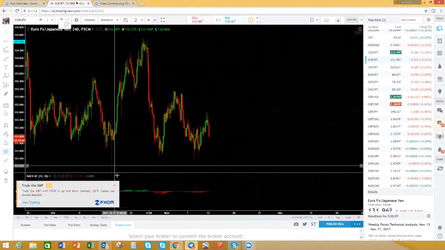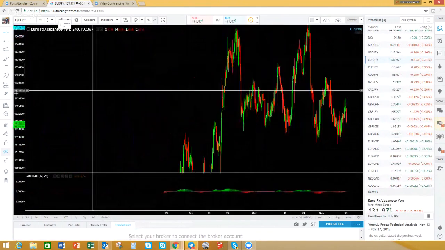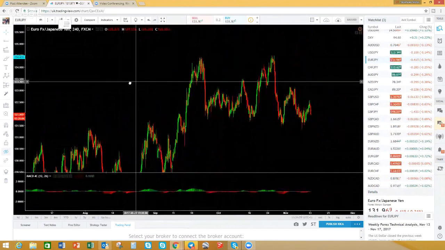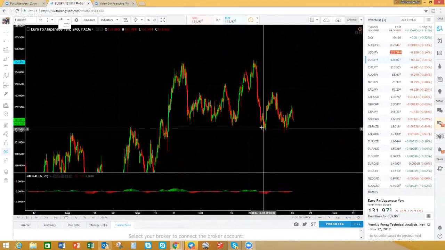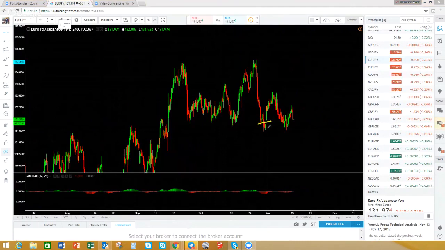So that's Euro JPY. We had this big move to the downside the week before, and now everyone is getting excited that we're going all the way down. We're just selling. Those latecomers, they'll be selling here, and then it reverses on you.